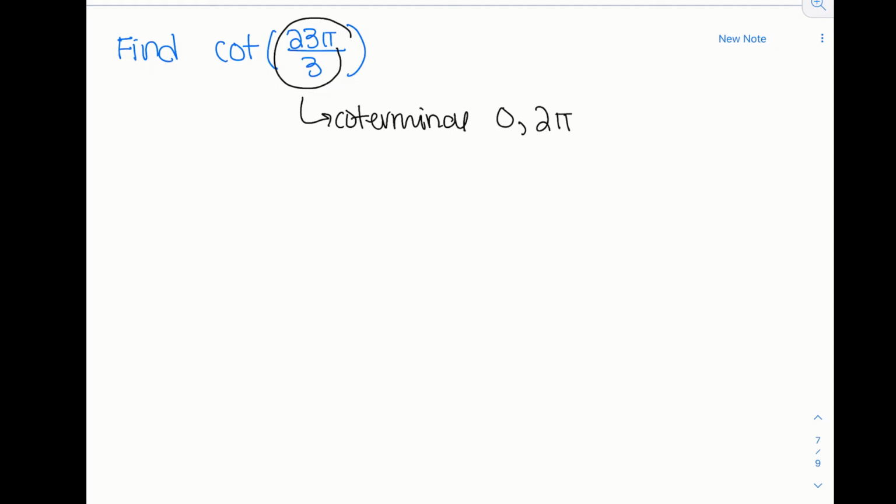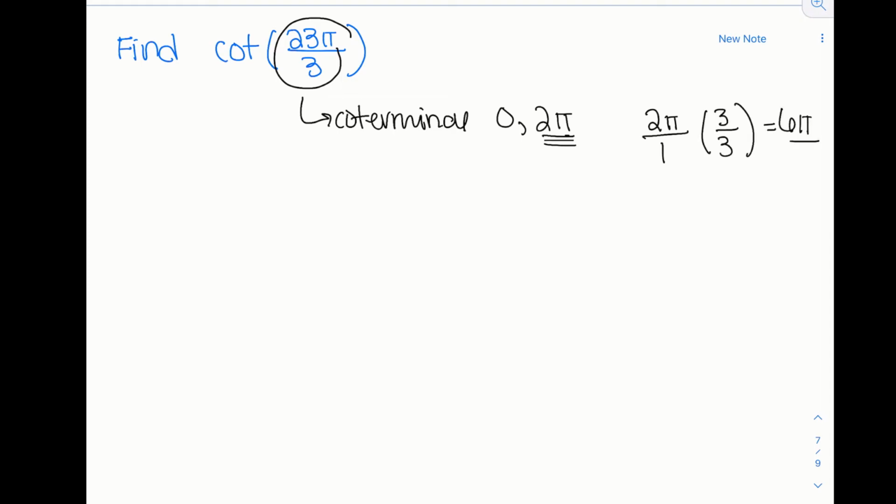You can add or subtract a full rotation. A full rotation in radians is 2 pi. But a lot of times what you need is a common denominator. Since my angle has a denominator of 3, you can write 2 pi as 2 pi over 1 and multiply by 3 over 3.